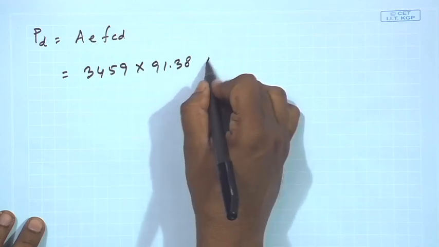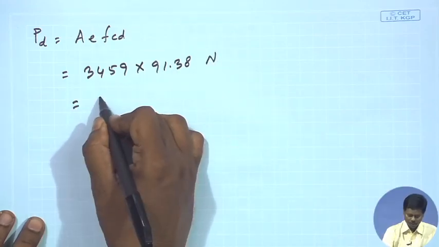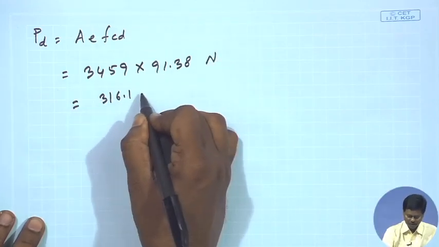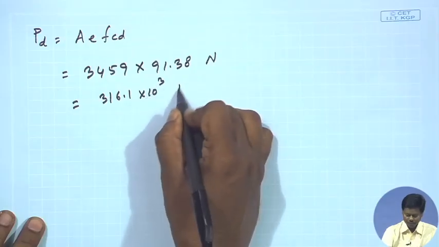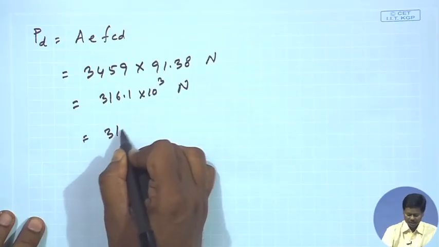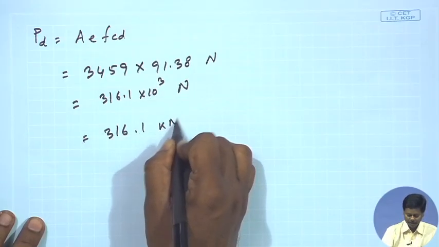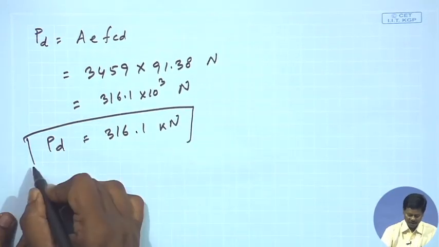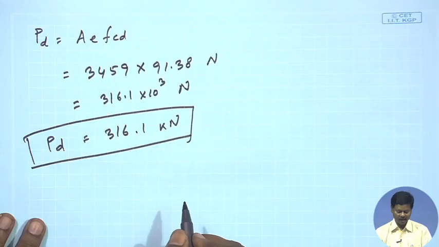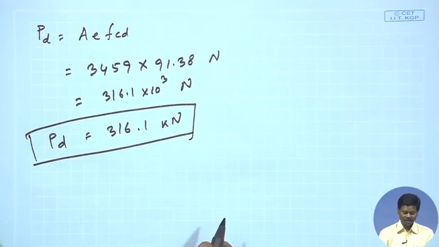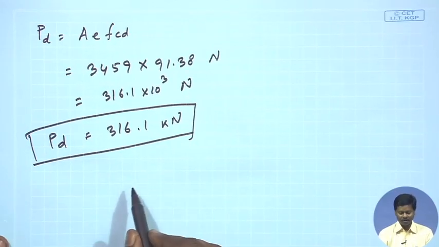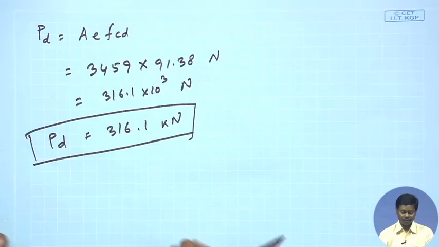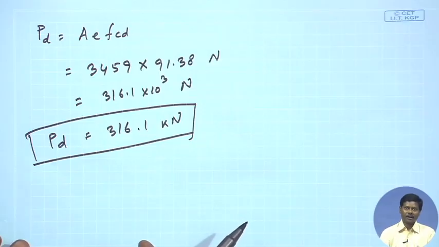So, this will be in Newton, 316.1 into 10 cube Newton, or I can say 316.1 kilonewton. So, P d, the design compressive strength of the angle strut when it is eccentrically loaded, can be found as 316.1 kilonewton. This is the first case when two sides are connected by 1 bolt.